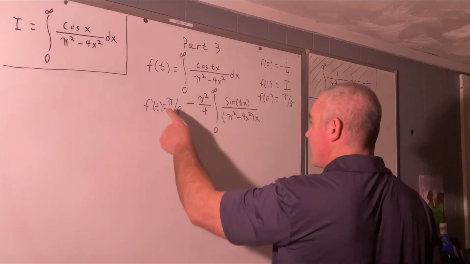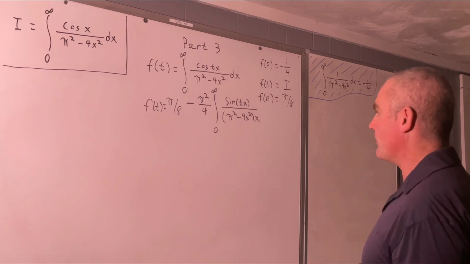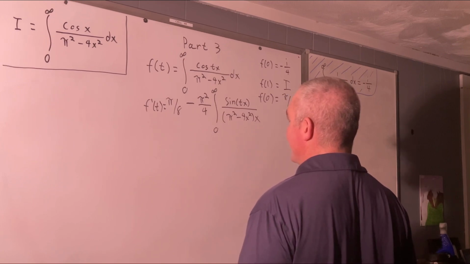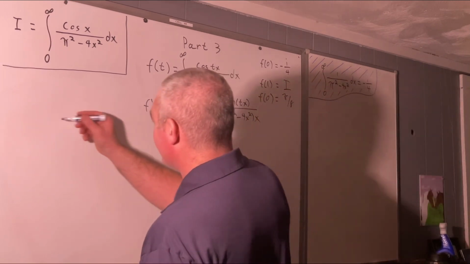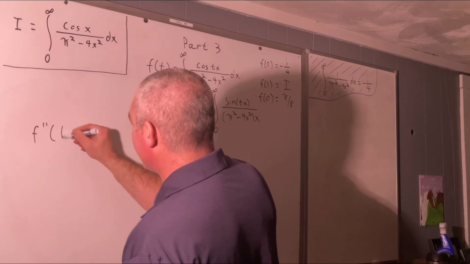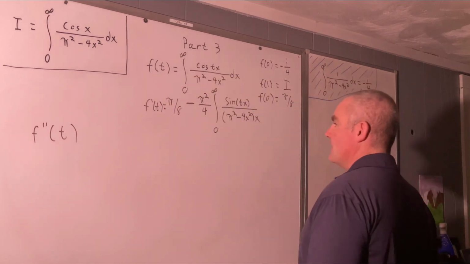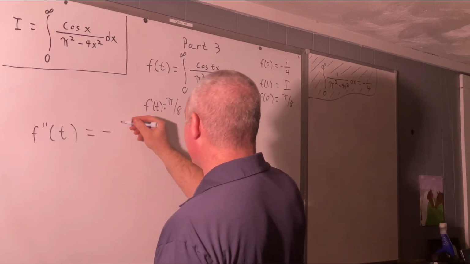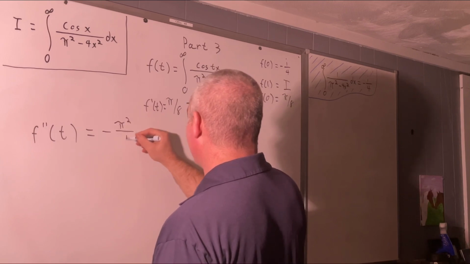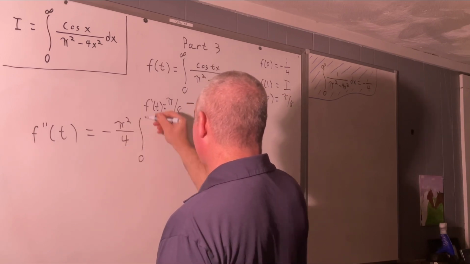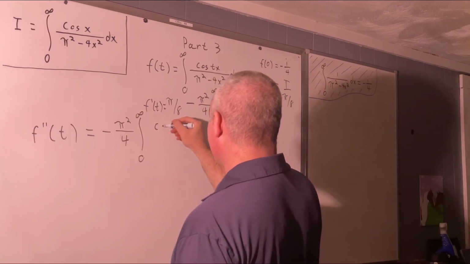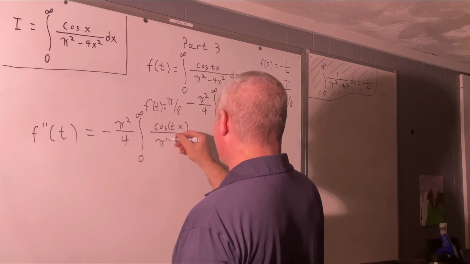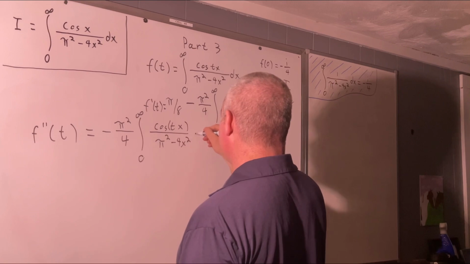If this is our f prime of t for t not equal to 0, what is f double prime of t? Well, f double prime of t would be the derivative of this thing with respect to t. This pi over 8 would drop out, and we'd just be left with negative pi squared over 4 times the integral going from 0 to infinity of cosine tx over pi squared minus 4x squared dx.